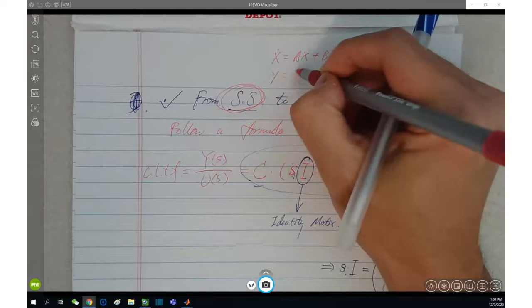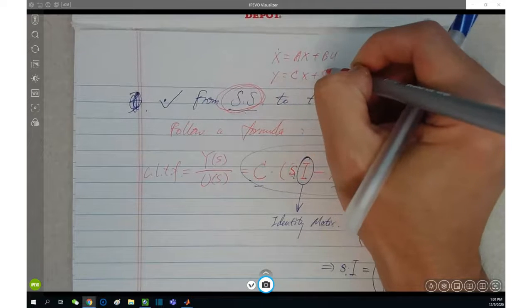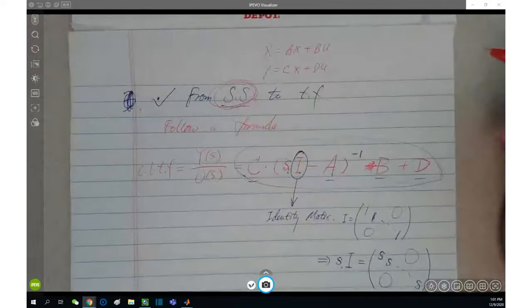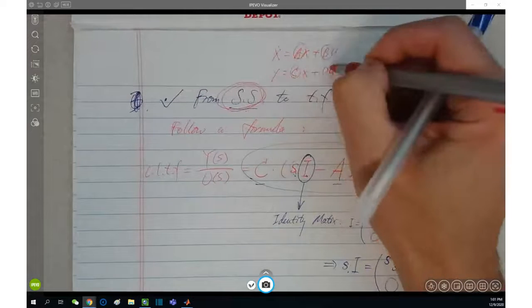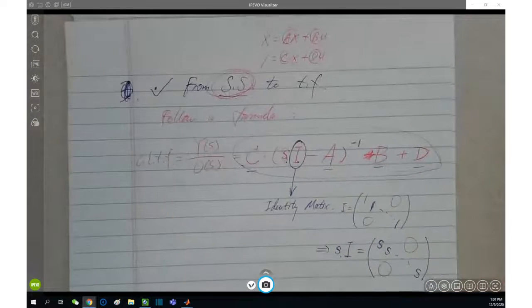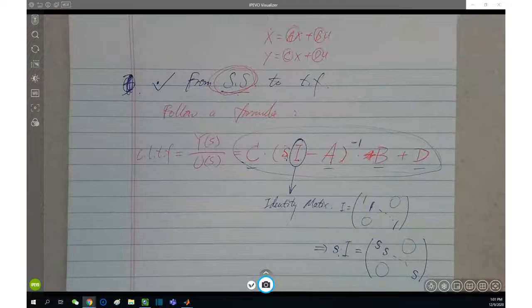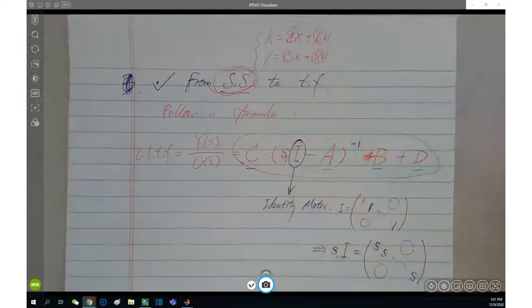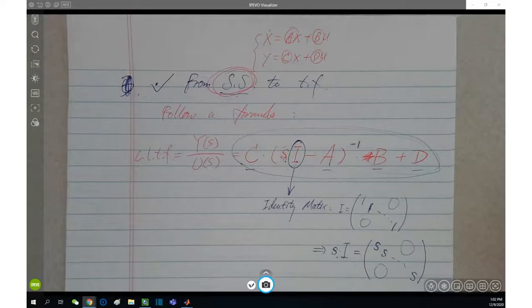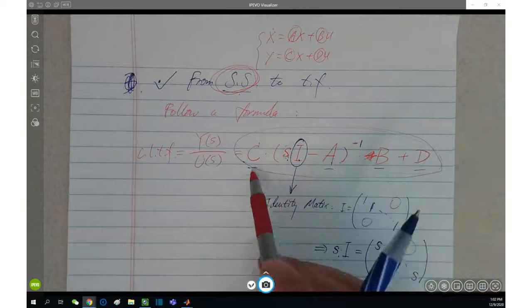Therefore, you fully realize the A, B, C, D four matrices, or say matrices and vectors. Where do you find them? Because the given state space is like this, rather than directly telling you who is A, who is B, who is C, who is D, you need to identify them yourself. After successfully doing that, you go ahead and apply this formula.